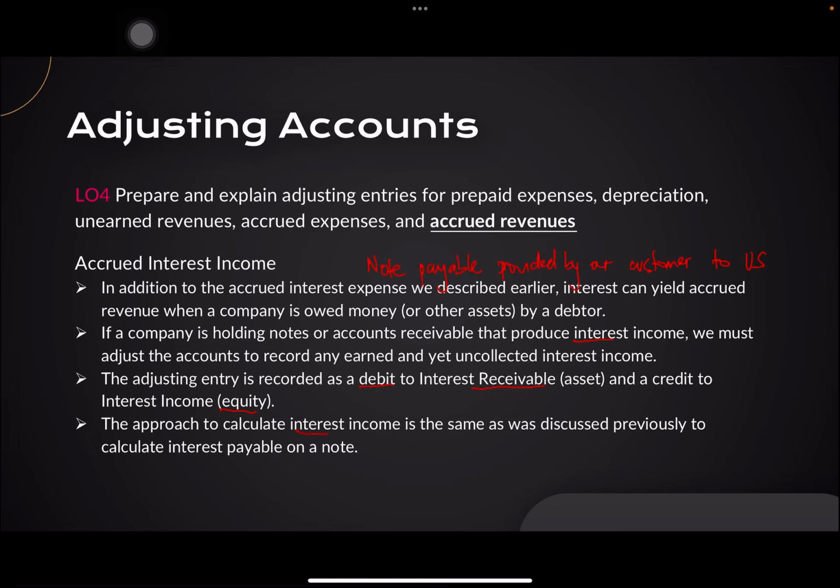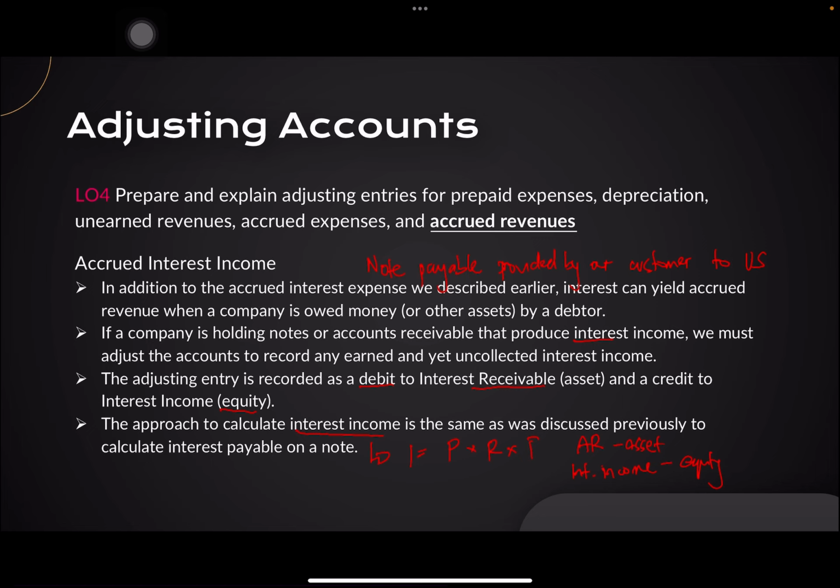So when calculating for the interest income, what you need to do here is to get the value of your interest by multiplying the principal, rate, and time. And since this is a revenue, what you need to recognize or to record is an accounts receivable, which is an asset, and an interest income, which is an equity item.